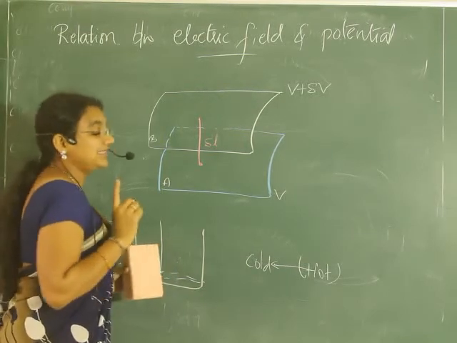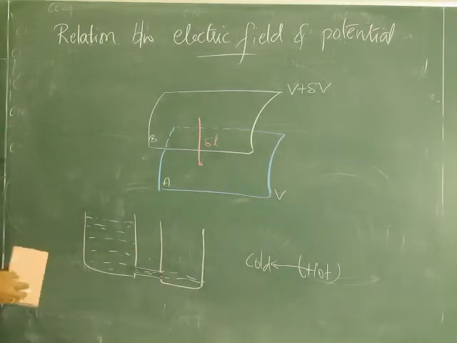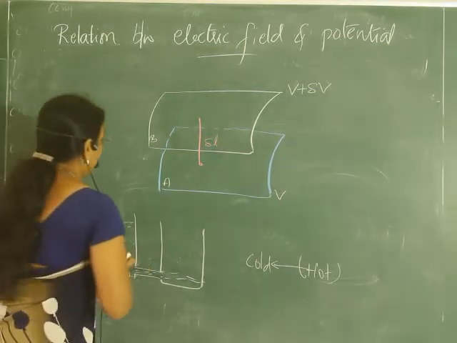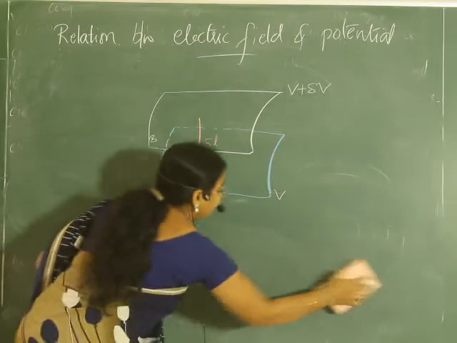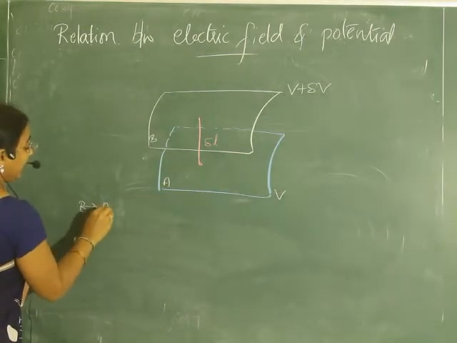Once the potential is equal, no charges flow from one conductor to another. Now, let the charge move from B to A.